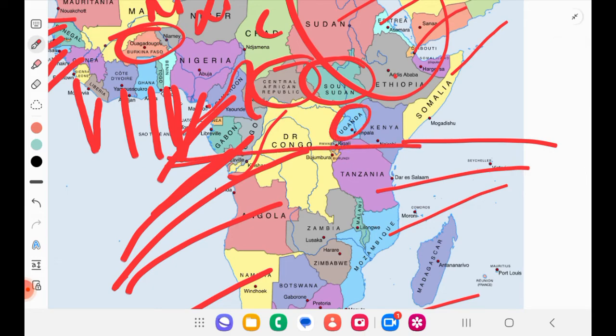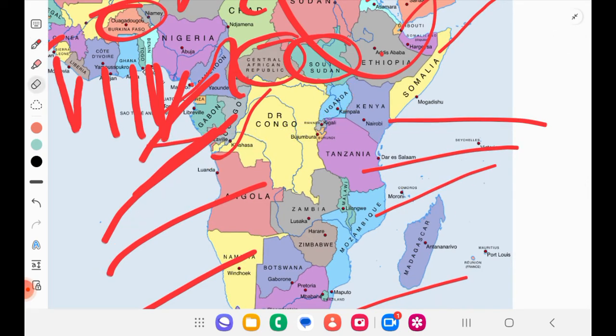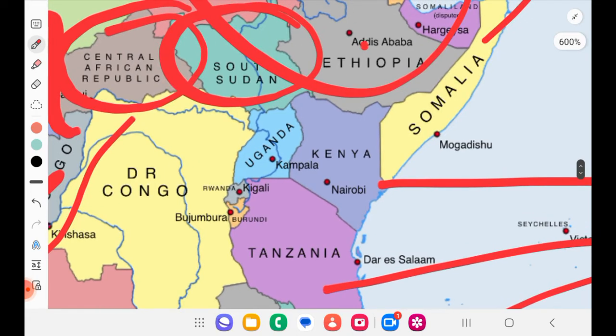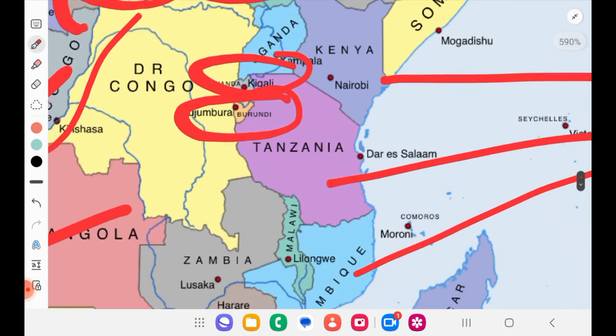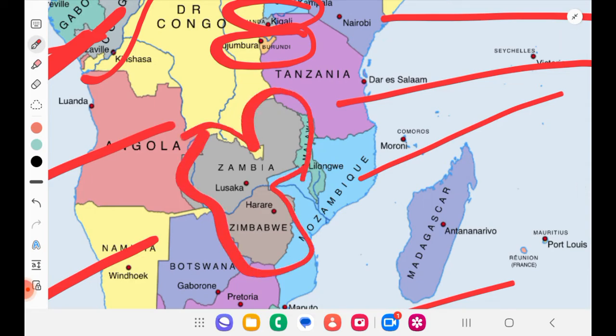Till here what we have learned? We learned these as northern hemisphere countries. Then we have learned the southern hemisphere. What is that? One is the capital of Rwanda, that is Kigali, Rwanda, then Burundi. After that we have learned these 3 as one country. What is that? That is your question. Zambia, Malawi, and Zimbabwe.